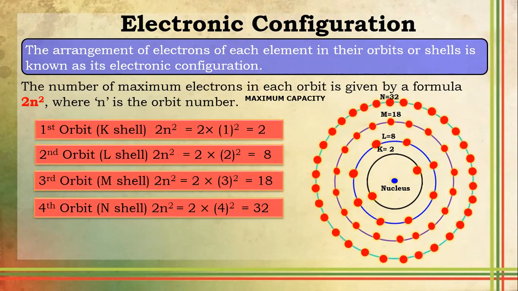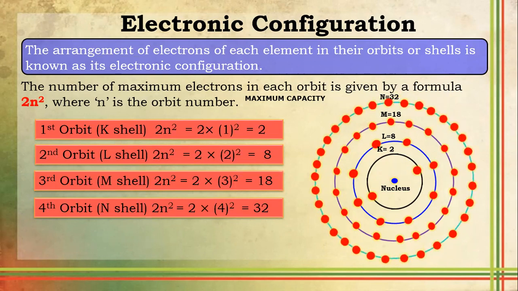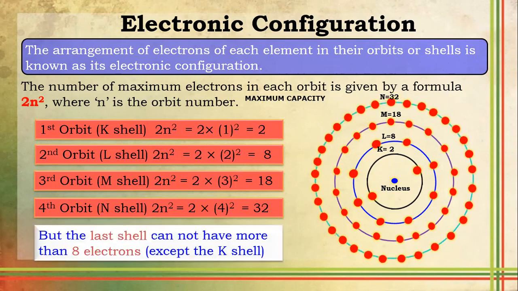Now students, remember one thing. If any shell other than the K shell is the last shell, for an atom to be stable, that last shell should have 8 electrons. Only then will it be called a stable atom.